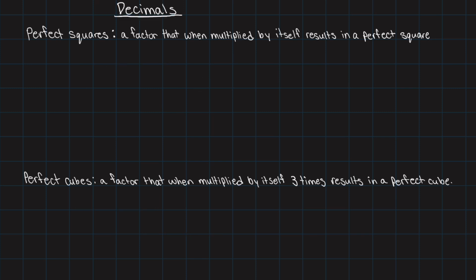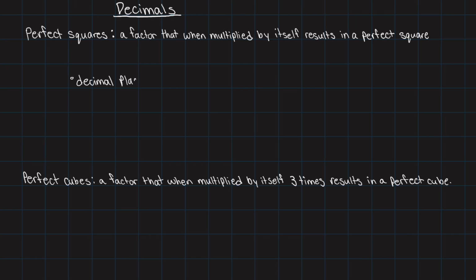Now, do you think decimals can be perfect squares or perfect cubes? And yes, of course they can. If fractions can be and if whole numbers can be, then why wouldn't decimals be able to be? The thing is though, for perfect squares, decimal places must be in groups of 2.